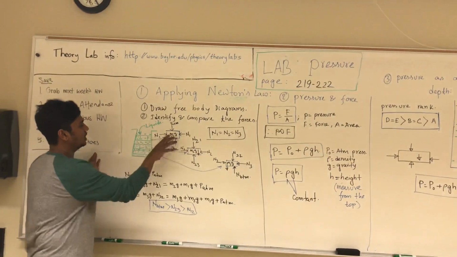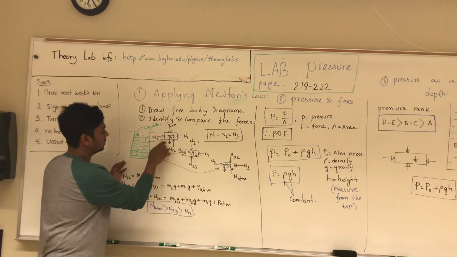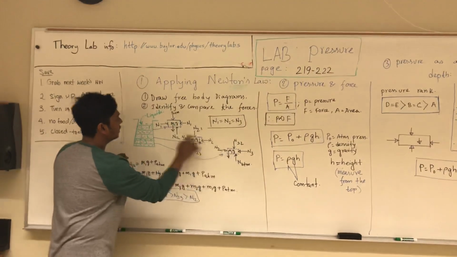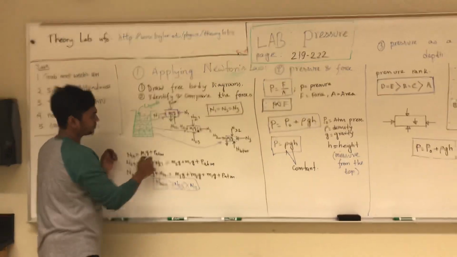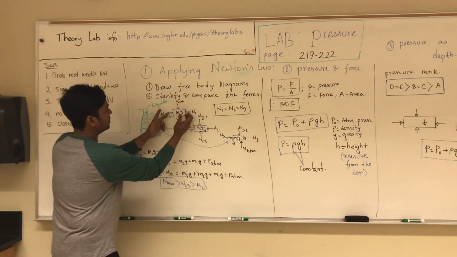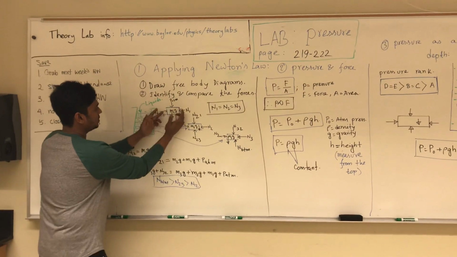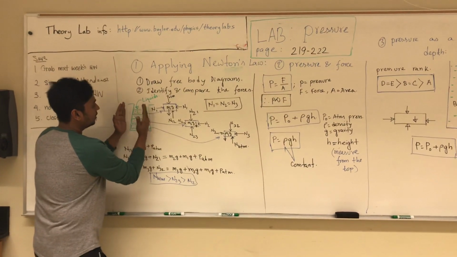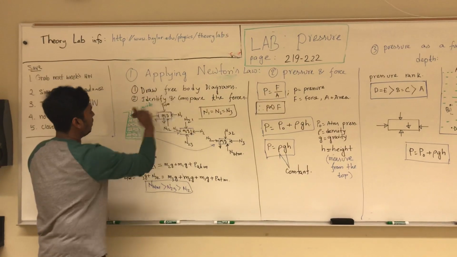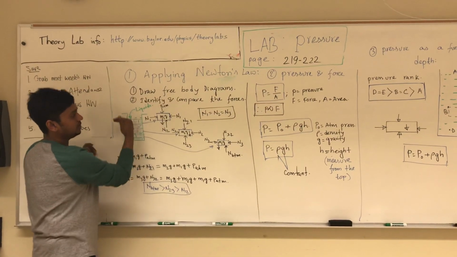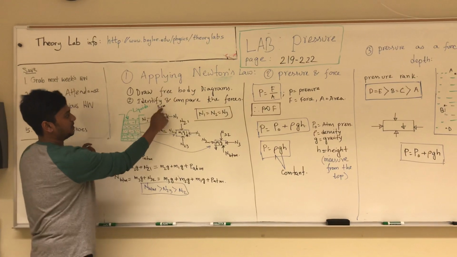If I zoom this out, from layer 1, layer 2, layer 3, if I draw the free body diagram for layer 1, we can see the two sides. Normal force will be given by the wall of this bucket. From the top, as it is the top of the layer, this is atmospheric pressure.